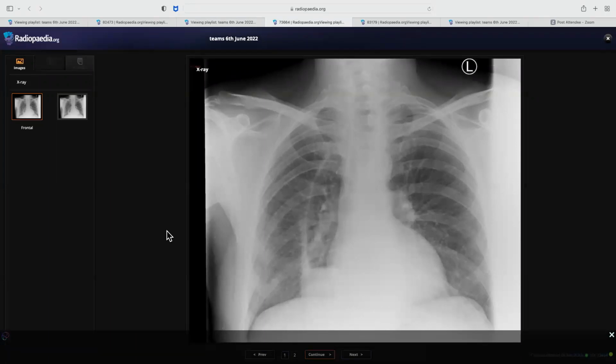The patient just had a little bit of chest pain and some previous surgery. So quickly reviewing the lung fields, actually the lung fields are clear.